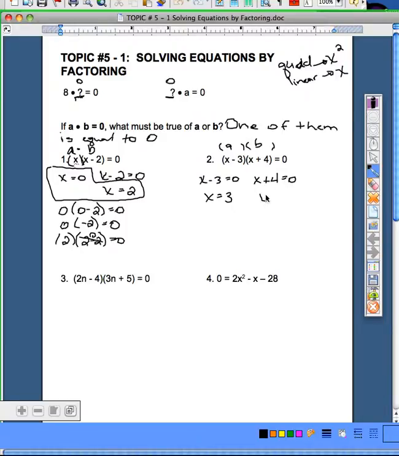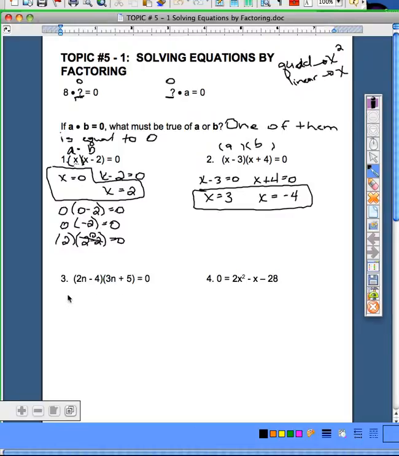And when I subtract 4 both sides, x equals negative 4. And so my two answers are 3 and negative 4. And again, you can put those in. 3 minus 3 would give me the 0. So that's why if that's 0, doesn't matter what this is, it's going to be 0. And the negative 4 plus 4 makes this factor 0. So those would work to solve that quadratic equation.